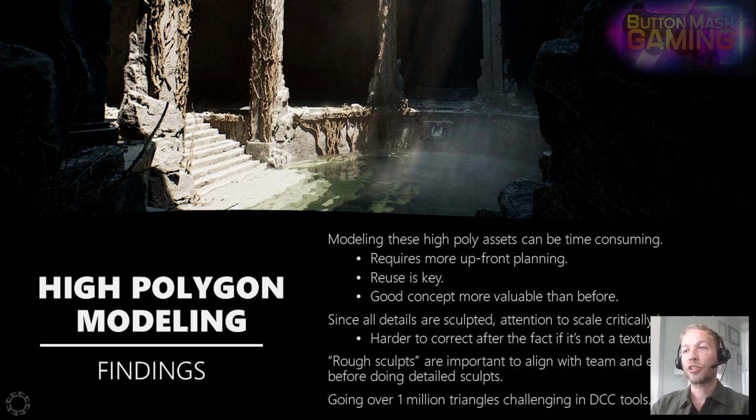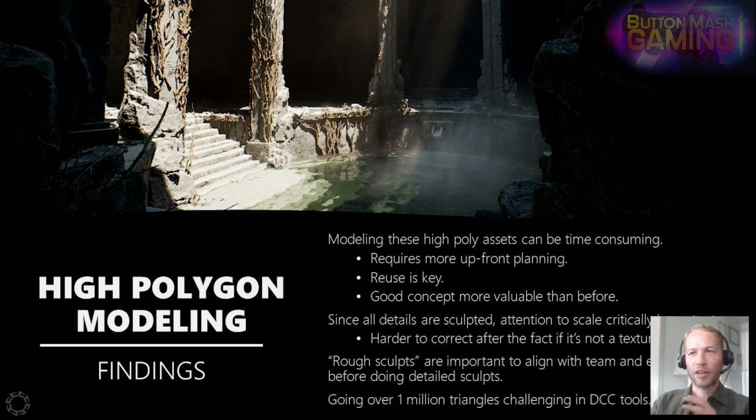Since all the details are sculpted, attention to scale is critically important. It's harder to correct scale issues after the fact if it's actually modeled into the geometry versus a texture, like a brick. Think of a simple example of a brick, right? Having that brick texture, changing the scaling on that is fairly straightforward, but changing the scale of a brick geo is harder to do.